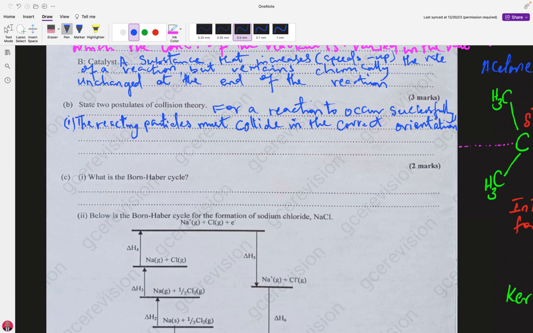They must collide in the right orientation. That's the first thing for the collision theory. For a reaction to occur successfully, the first postulate is that the reacting particles must collide in the correct orientation, or you can say must collide in the right orientation. Postulate number two.